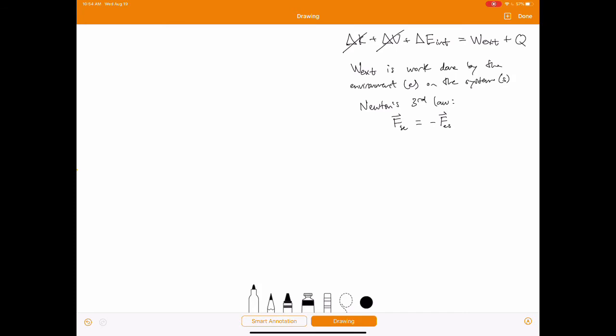And what if we take that equation and we just integrate on both sides? Let's say F system environment dot some kind of displacement dr equals minus, we'll integrate the other side as well, force that environment exerts on system dot with some kind of displacement dr. So I'm just integrating both sides of Newton's third law.